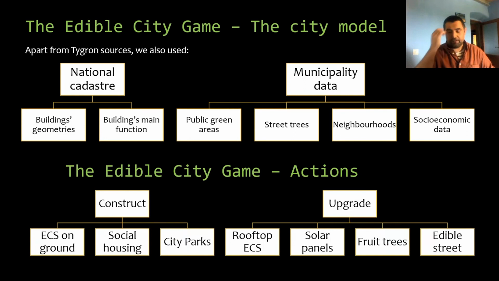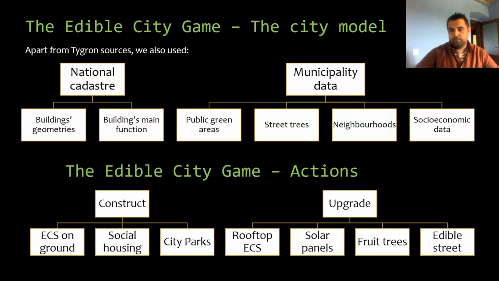The actions that we implemented in the game, basically we can divide into groups. The construct actions to construct new buildings. Then you can construct edible city solutions on ground. You can construct social housing and you can build city parks. And the other group is upgrades. We can upgrade buildings to have edible city solutions on rooftop. We can upgrade buildings to have solar panels.